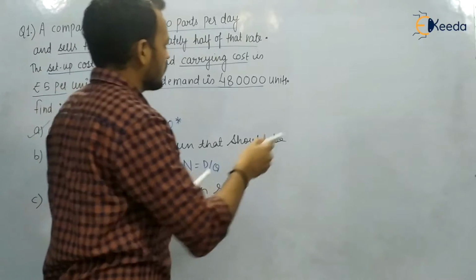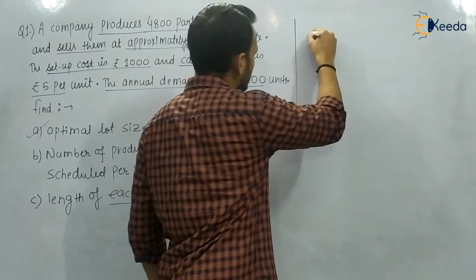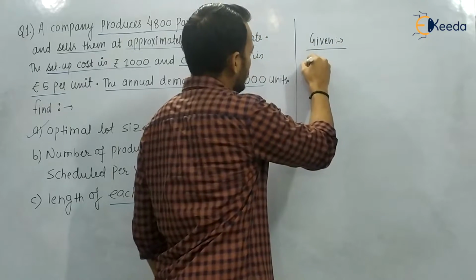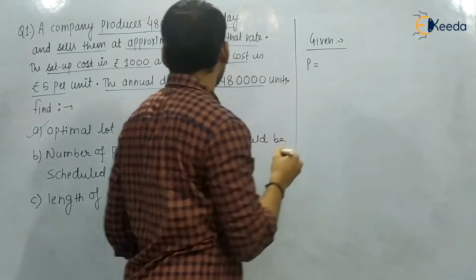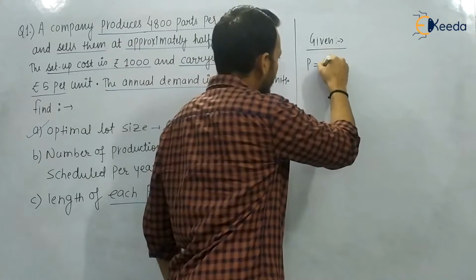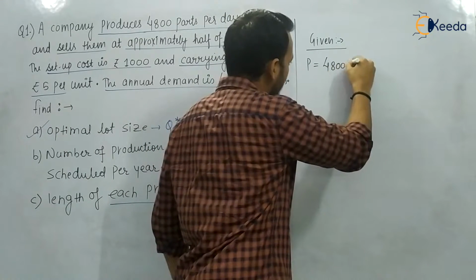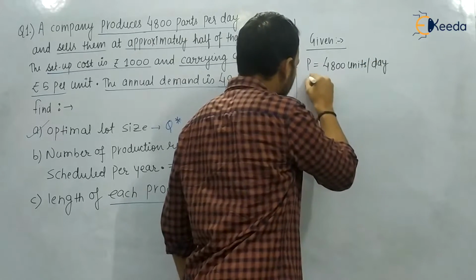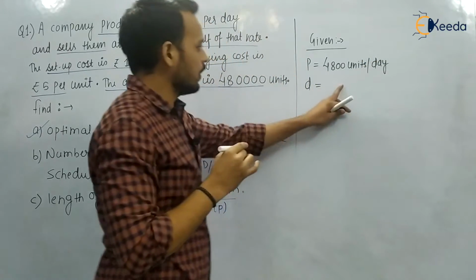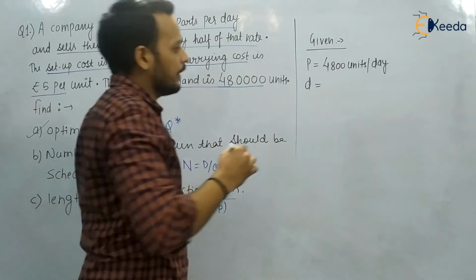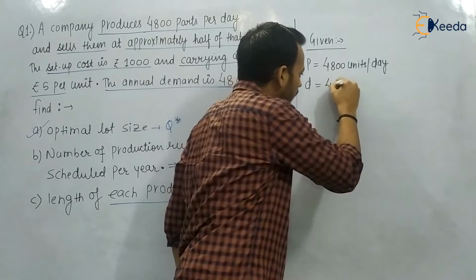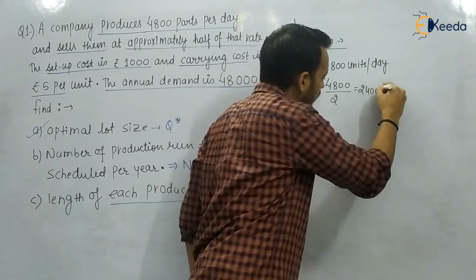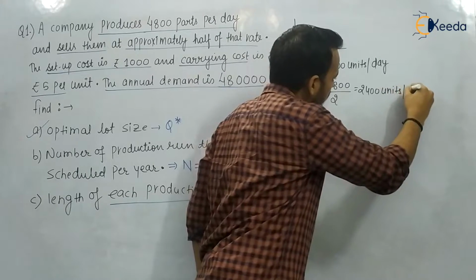Now for the first question we will write the given data. P is given, production of 4800 units or parts per day, and small d, the same is consumed at half of that rate, that is 4800 by 2, 2400 units per day.